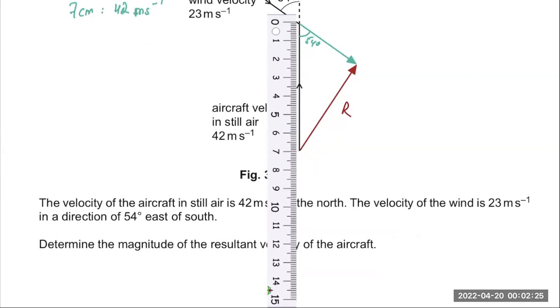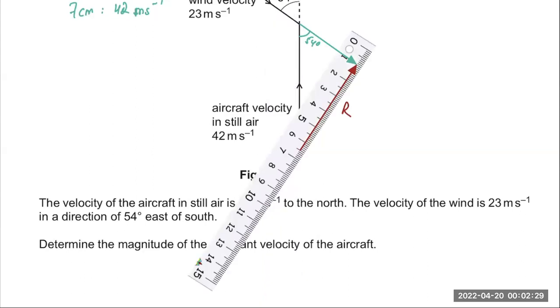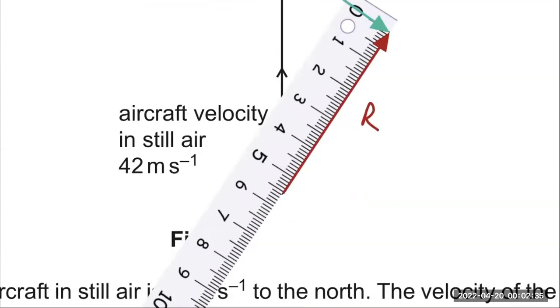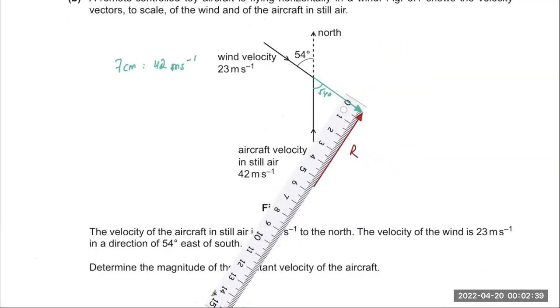What you need to do next is find out the length of this vector here. This vector has a length of approximately 5.5 centimeters. This 5.5 centimeters is x meters per second. Cross multiply, get an answer.